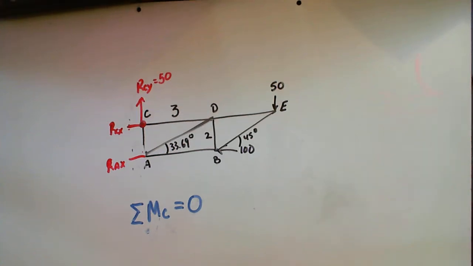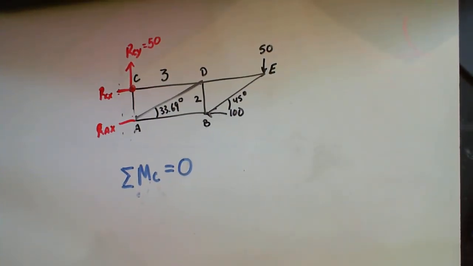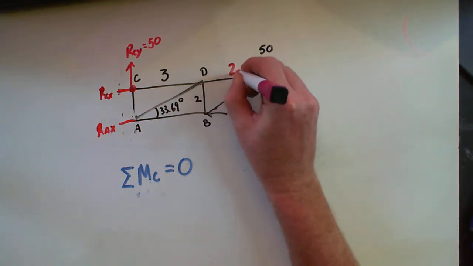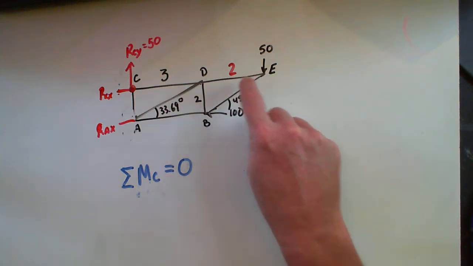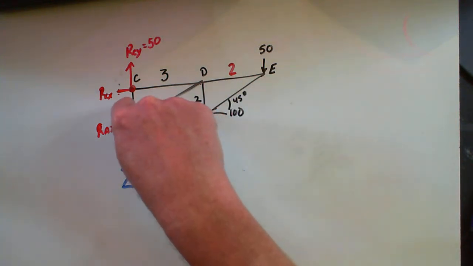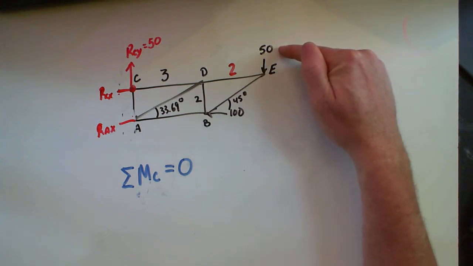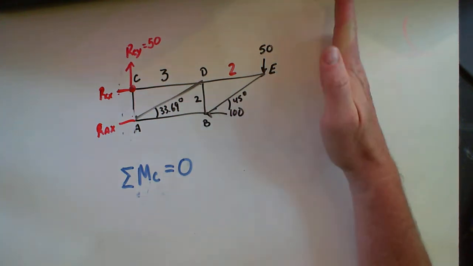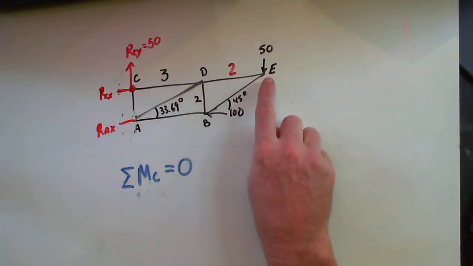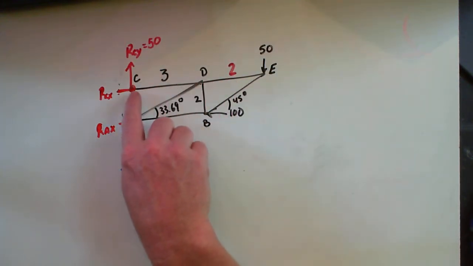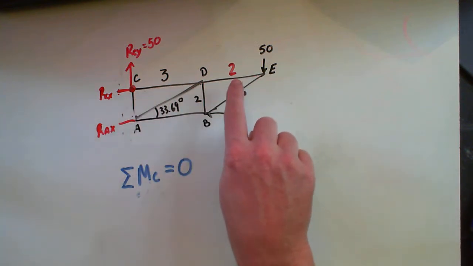Remember that moment is the tendency to turn. So every force has an effect on the moment. And it is about the perpendicular distance from the point to the force. Here's what I mean. This 50 is a vertical force. So the horizontal distance from that number back to the pivot point is 5, which is 3 plus 2.